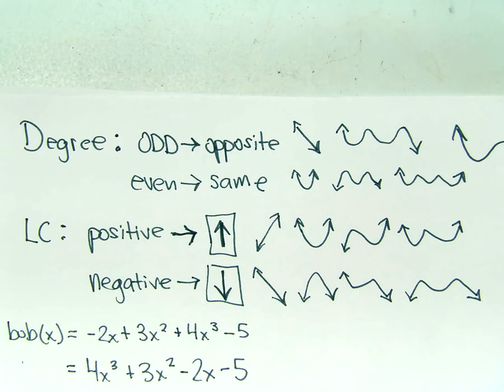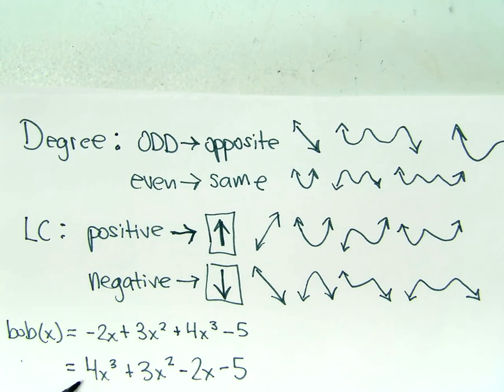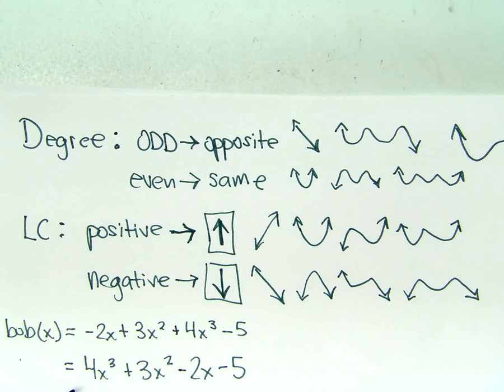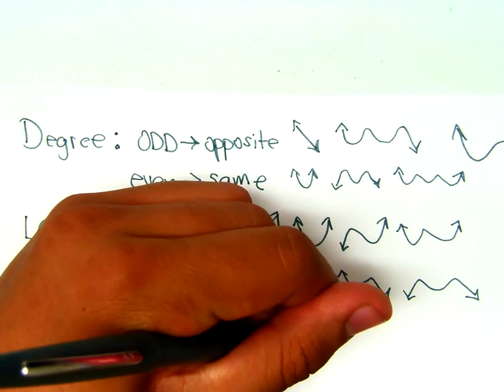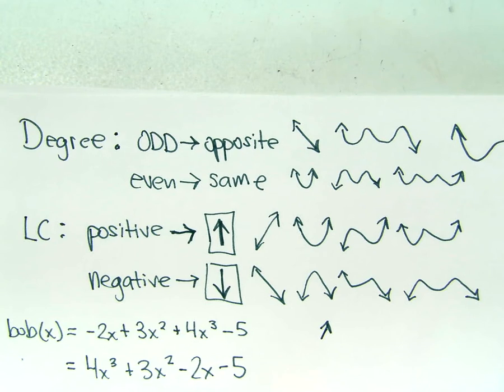The first thing we want to do is make a quick sketch to get an understanding of what the end behavior should look like. First, look at the leading coefficient. Is it positive or negative? Positive. Since it's positive, the right side will finish up, so we can draw an arrow facing up on the right side.